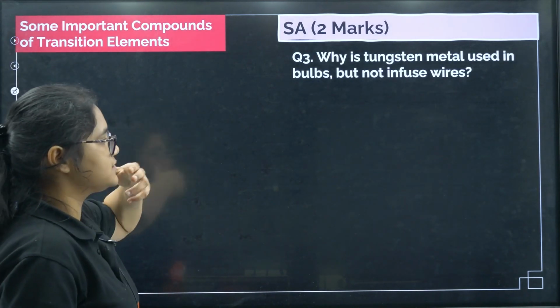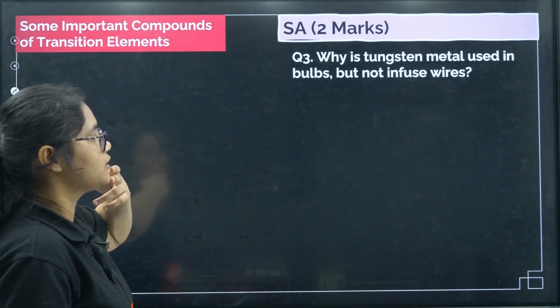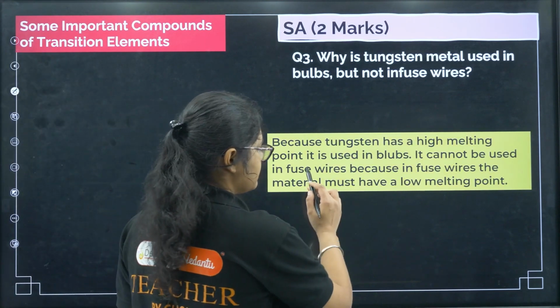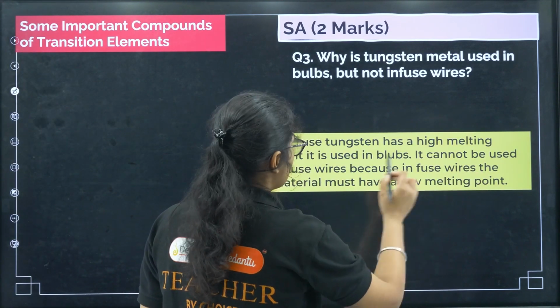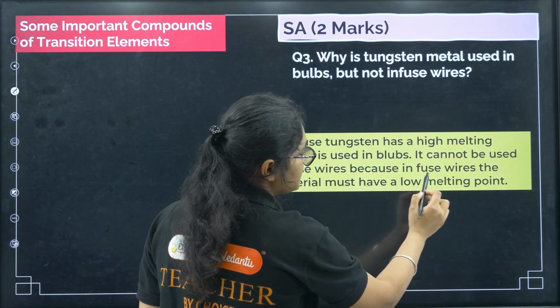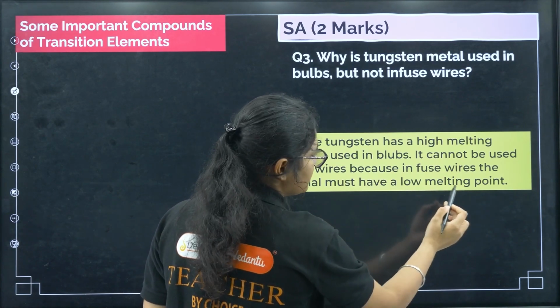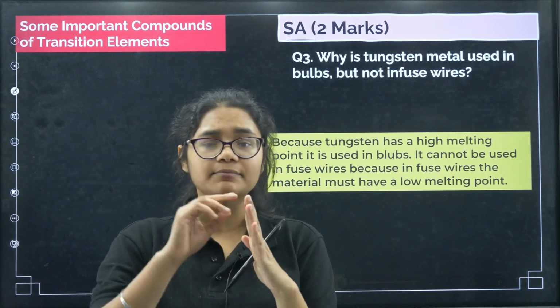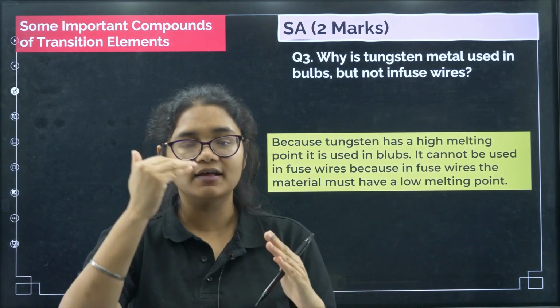Next we have why tungsten metal is used in bulbs but not in fuse wires. Tungsten has a very high melting point, so it is used in bulbs. It cannot be used in fuse wires because the material must have a low melting point. Fuse wires should immediately break the circuit.